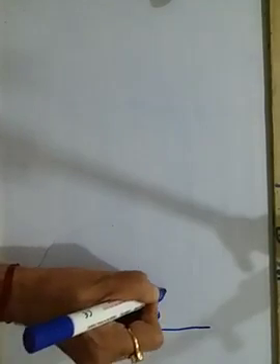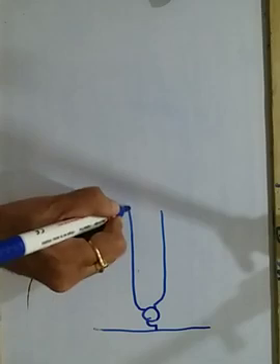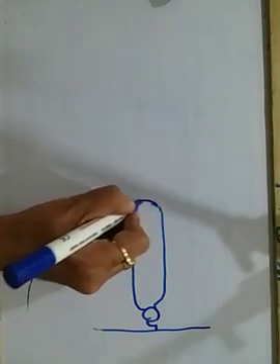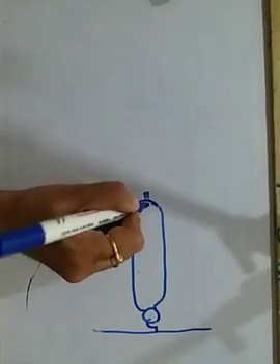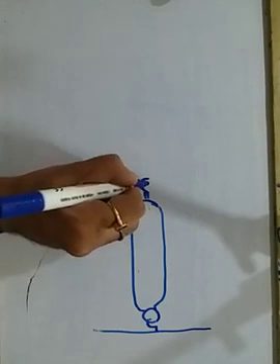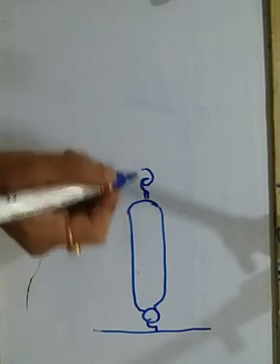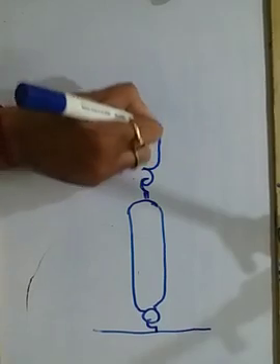Suppose I take a fixed support and keep a spring balance over here, and lock it with another spring balance.